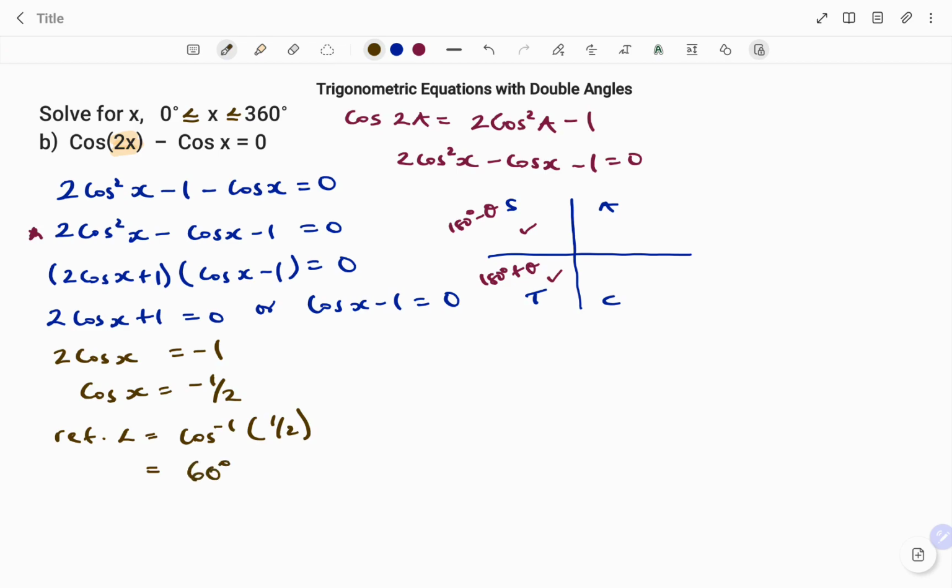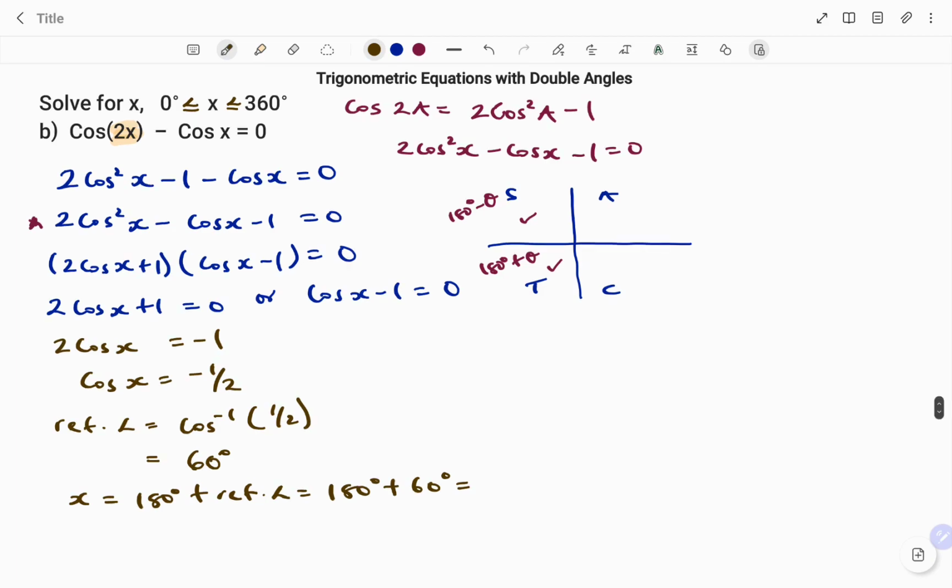Going back to my value of x, I start with the third quadrant. I have x equals 180 degrees plus my reference angle. That's 180 degrees plus 60, and that's equal to 240 degrees.